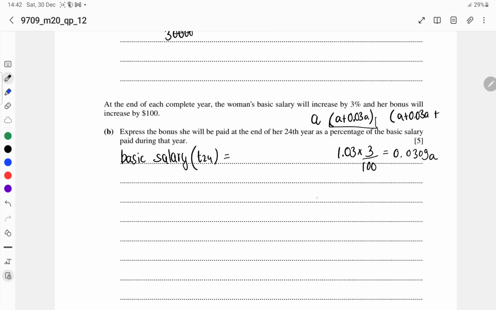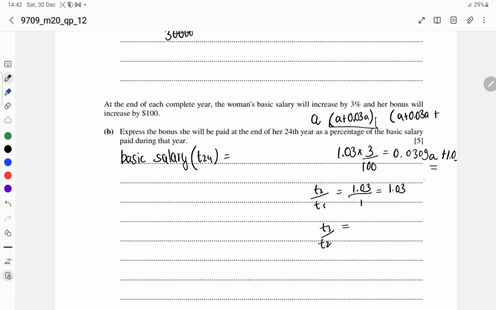So let's just verify it. T2 over T1 is going to be 1.03 over 1. This is going to be 1.03. Then for T3 over T2, the term 2 is 1.03, let's add 0.0309 plus 1.03.